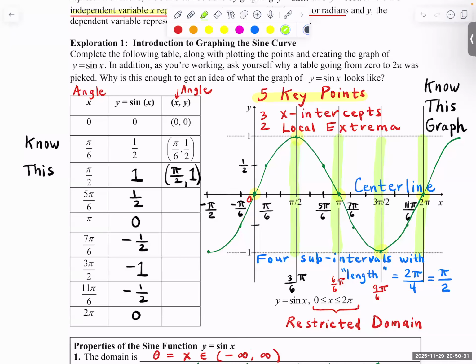Those are the 4 subintervals. The length of those 4 subintervals is the total length of 2 pi divided by 4, which simplifies to pi over 2. So again, the length of each of the 4 subintervals is pi over 2.